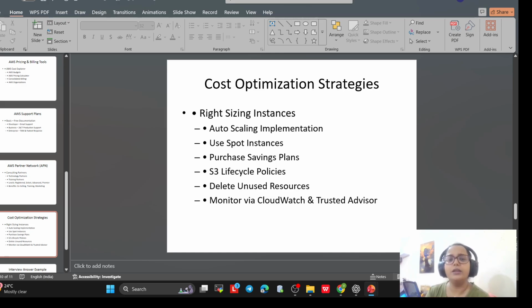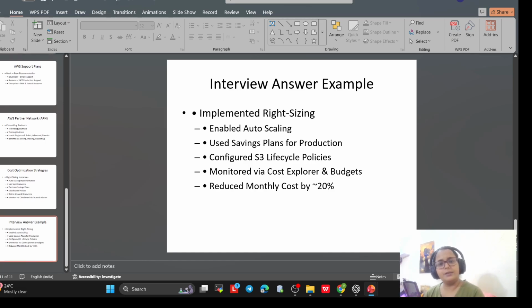If you learn this, you can say it in the interview, and it will be more than enough. There may be interview questions like how you implemented right sizing, enabled auto scaling, or used savings plans. So this is the example.